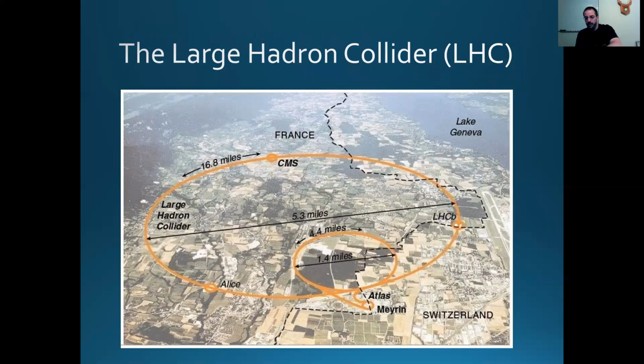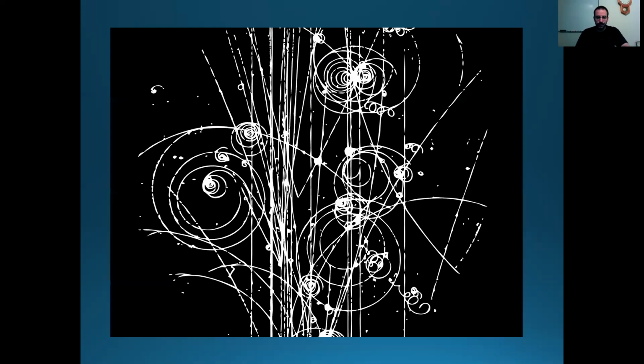So to study all of these particles, we have to build very, very large colliders. This is the Large Hadron Collider, which can accelerate particles up to very, very high energies. This is an example of some particles traveling in a path. One of the things you do is you apply a magnetic field. Magnetic fields make particles travel in circular paths.